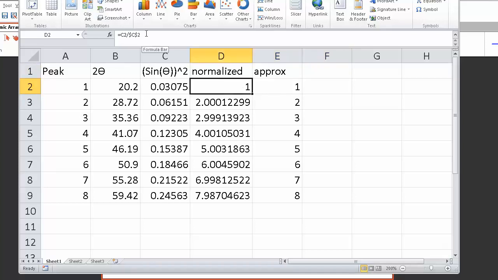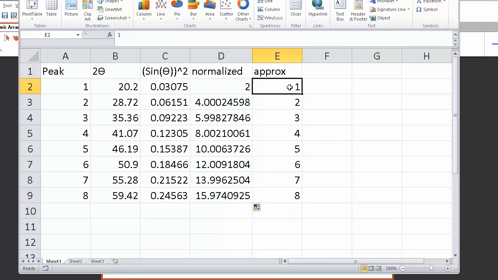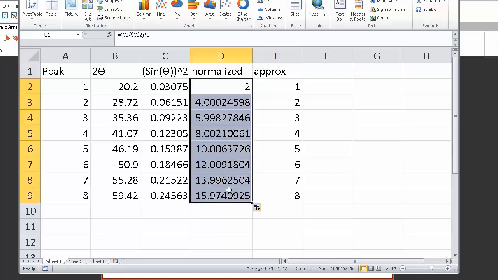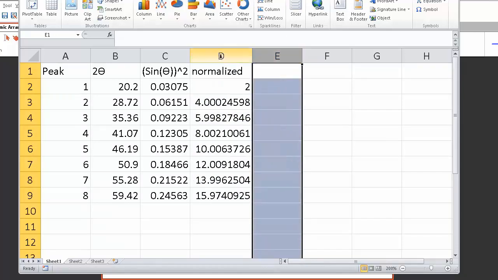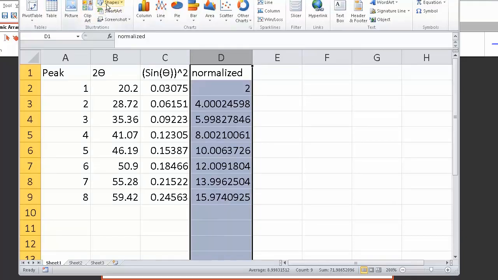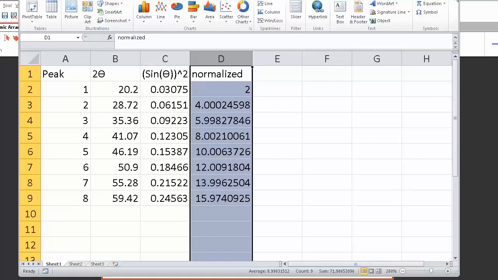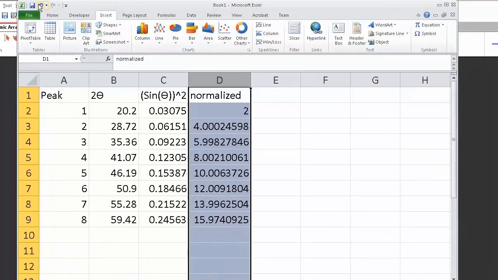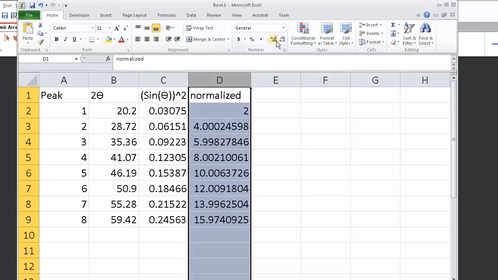So all we do is, when we do our normalization, we normalize the first value to 2, so it's multiplied by 2 there, and now I get a sequence of, in fact I could just reduce the precision of this number, here we go.